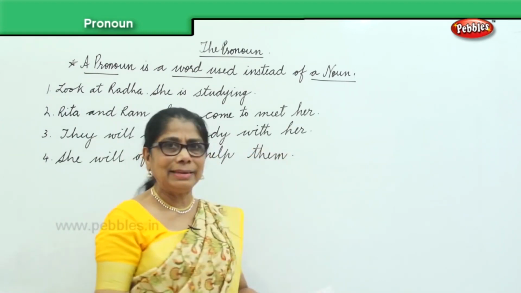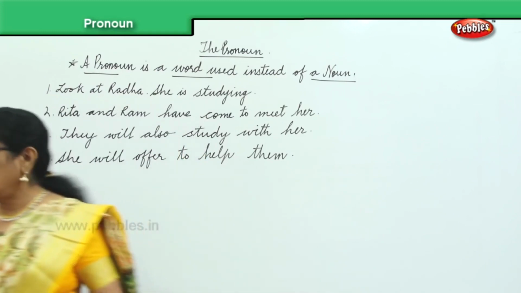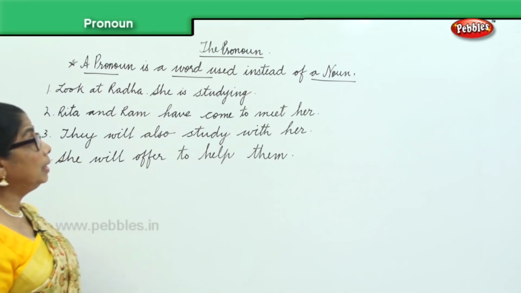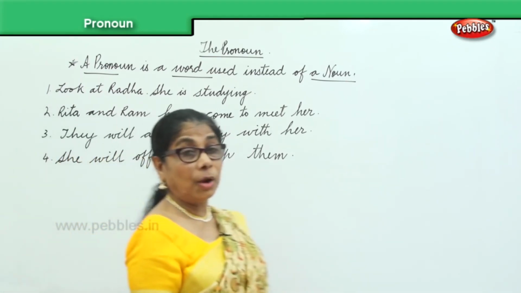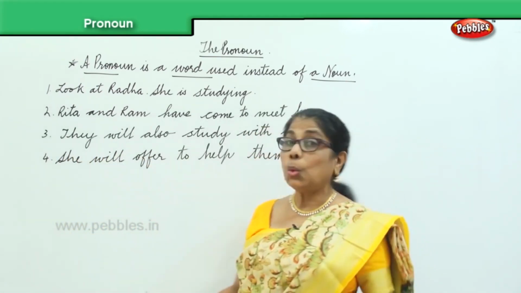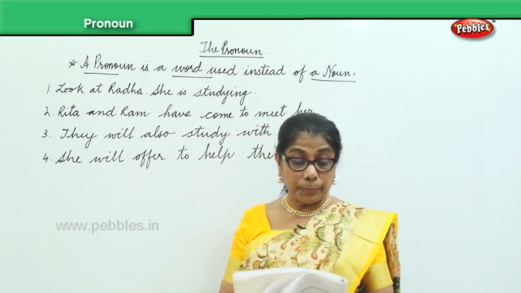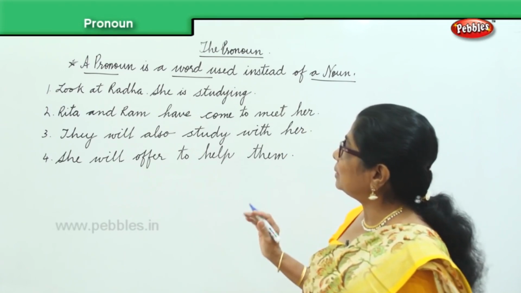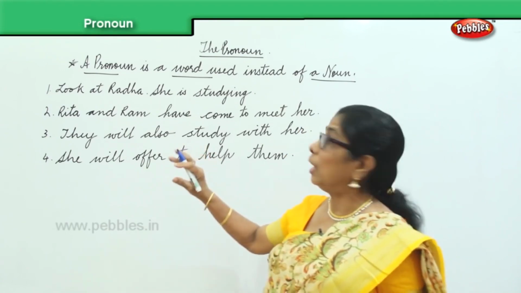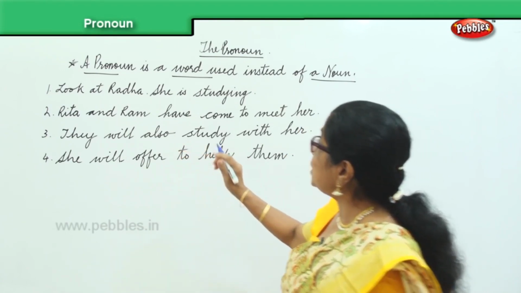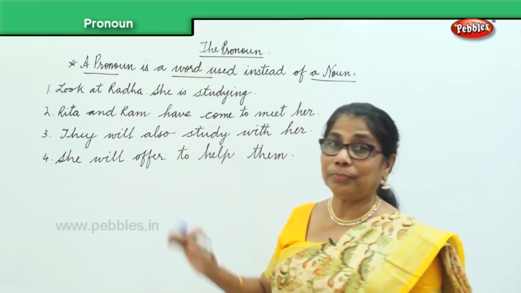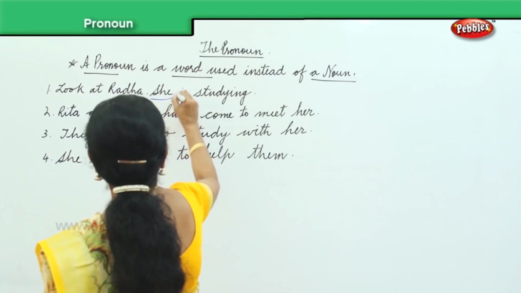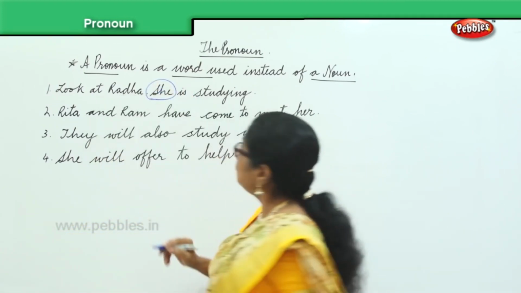So we have a few sentences here, and we said a pronoun is a word used instead of a noun. So now let us look at which are the nouns and which are the pronouns. Look at Radha. Radha is a proper noun. Now, she is studying. So we found she. This is a pronoun.